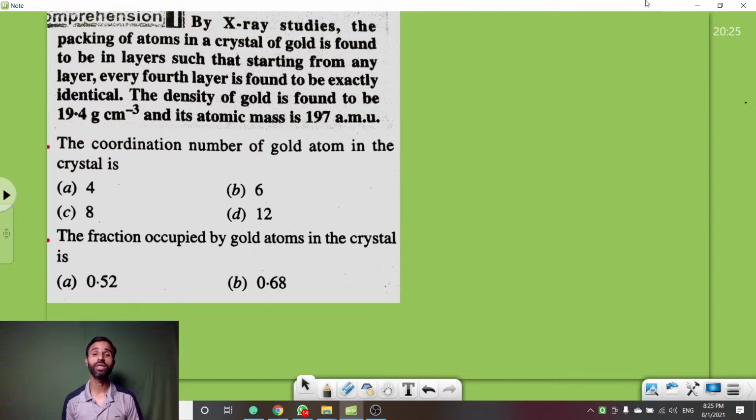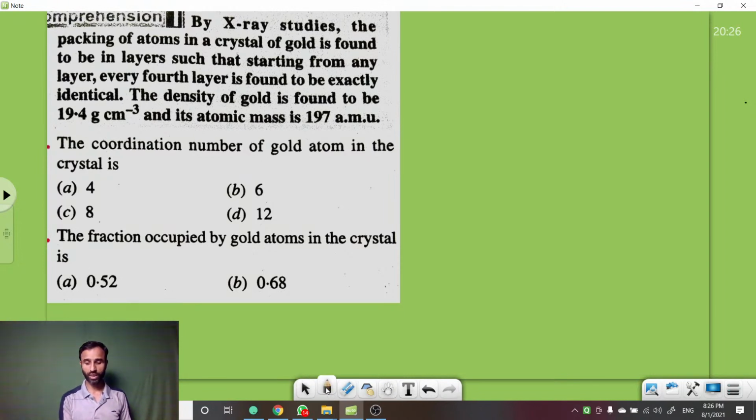So the first question is: by X-ray studies, the packing of atoms in a crystal of gold is found to be in layers, such that starting from any layer, every fourth layer is found to be exactly identical.